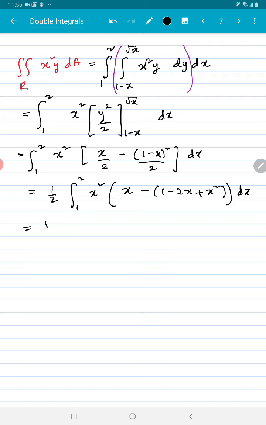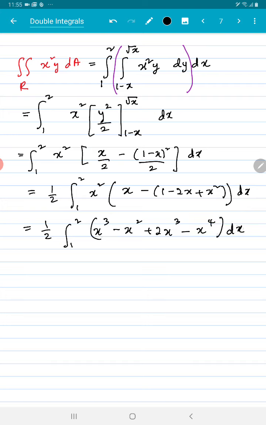Okay, simplify that. We get x cubed, and here we have minus x, so minus x squared, and here we have plus 2x, so that would be plus 2x cubed, and here we have minus x squared, so that would be minus x to the power of 4.